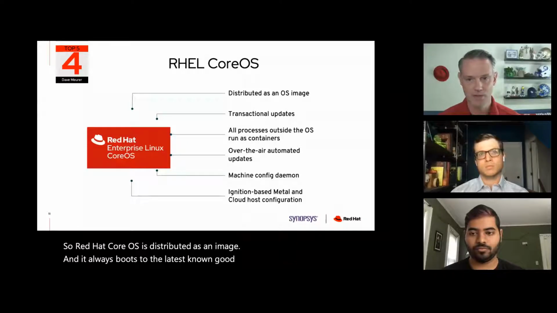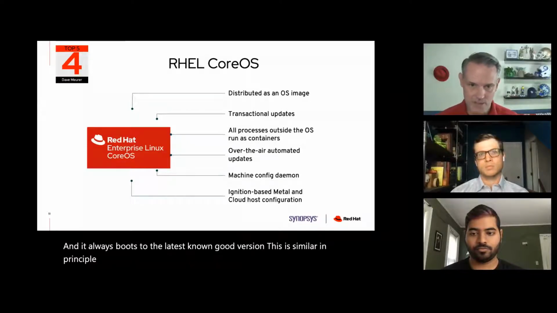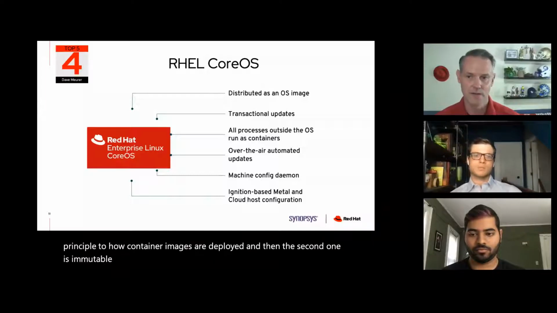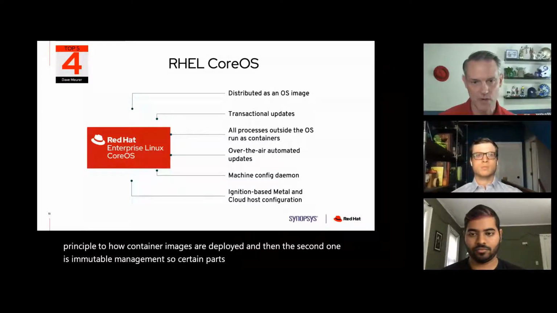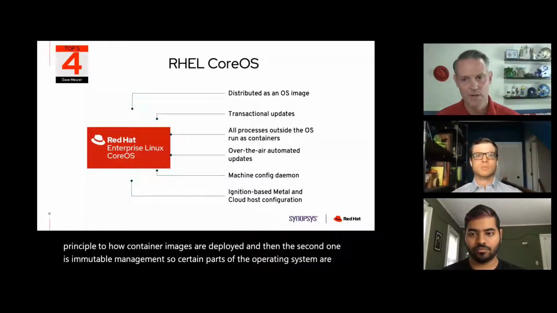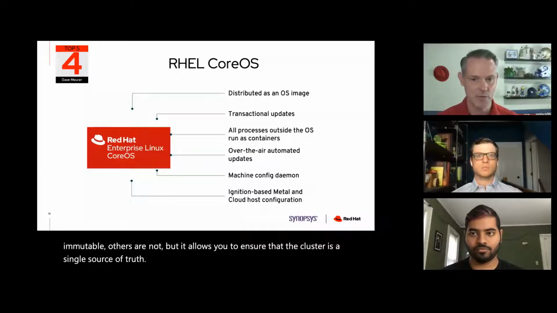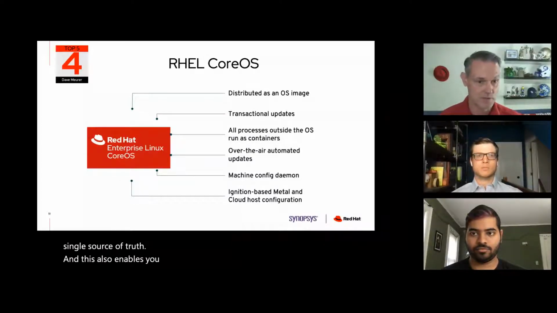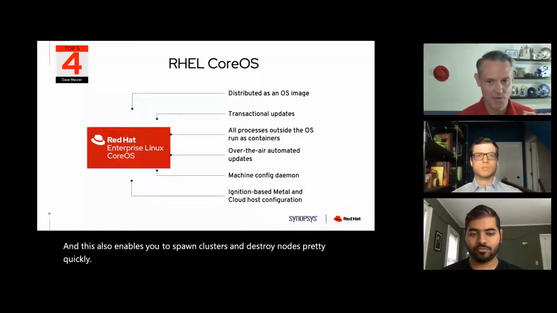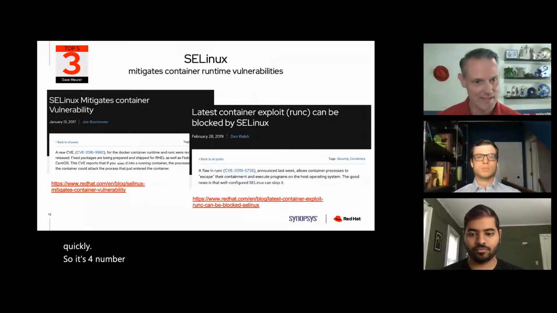This is similar in principle to how container images are deployed. And then the second one is immutable management. So certain parts of the operating system are immutable, others are not, but it allows you to ensure that the cluster is a single source of truth. And this also enables you to spawn clusters and destroy nodes pretty quickly.